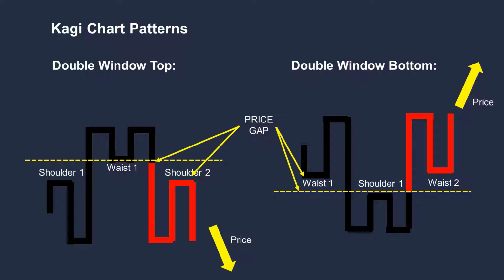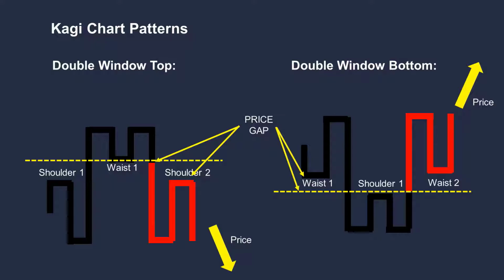The important thing to note here is we're looking for a gap between the shoulders and the waist, and once that breaks down through the gap, you can trade it. I would probably enhance it further with other indicators and tools, but it's to give you an example of the double window top there. And on the right hand side we have the double window bottom, pretty much it in reverse.